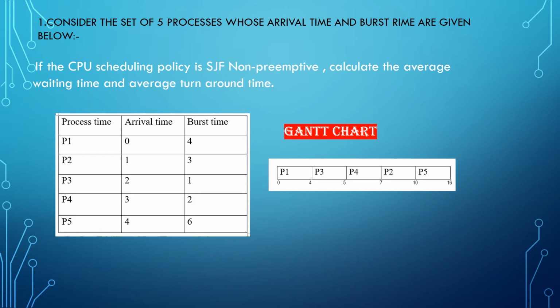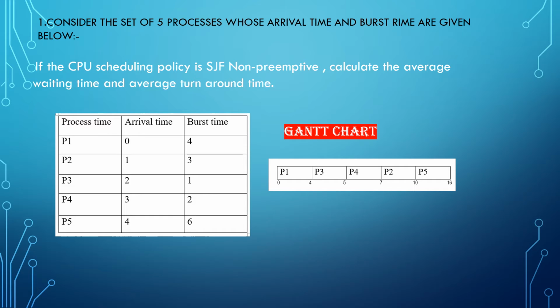Next we'll add 1 to 4 to go to the next process. Next we'll see P4, because after burst time 1, burst time 2 is the smallest after 1 among all these burst times. So we'll add 2 to 5, and we get 7.